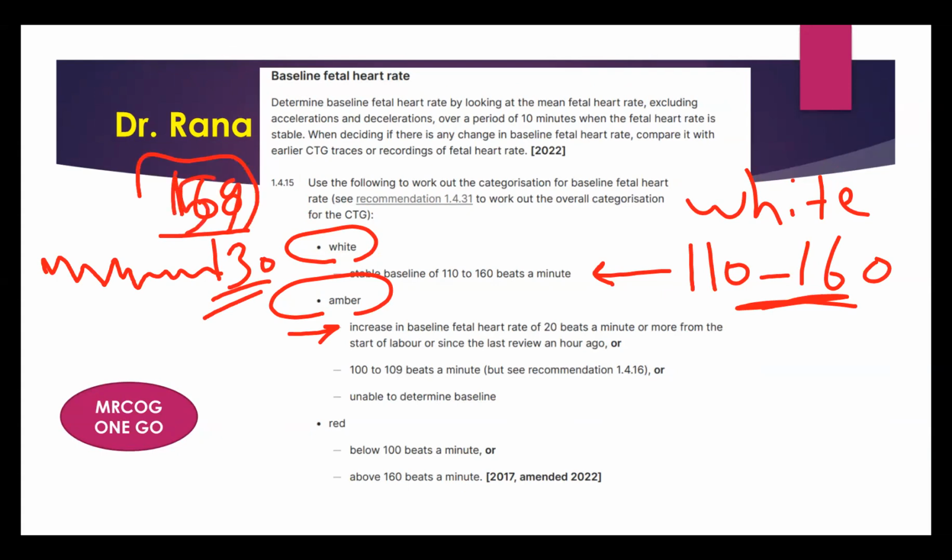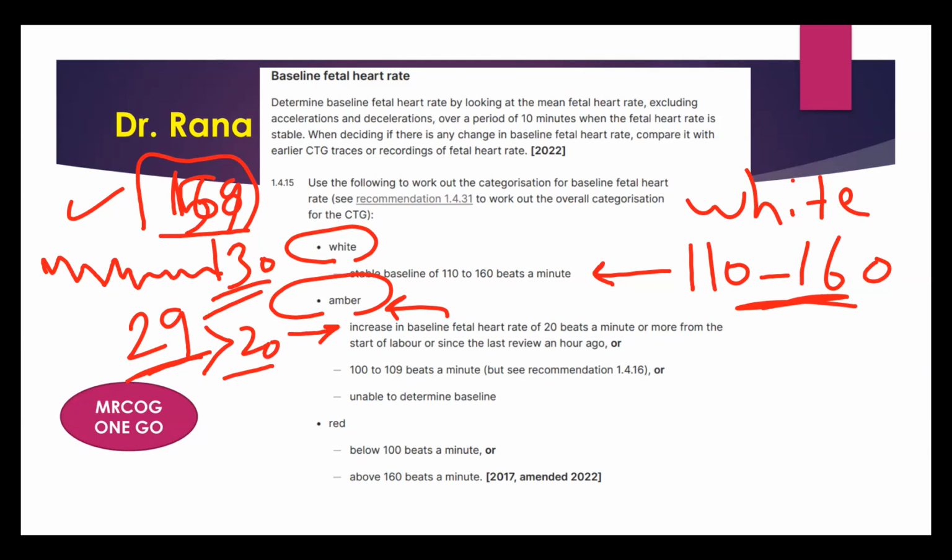So it's still in the white, yes, but the increase is 29 beats per minute. At this time, the increase is more than 20, so we are in the amber. Any increase of 20 beats per minute or more from the start of labor or since the last review, an hour ago, the last review of the CTG. This is the first change here in the basal heart rate.